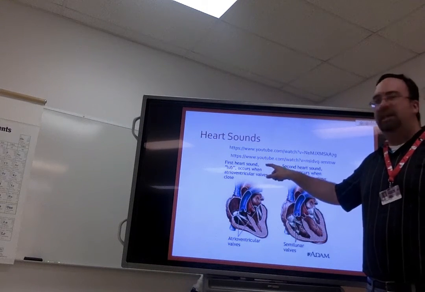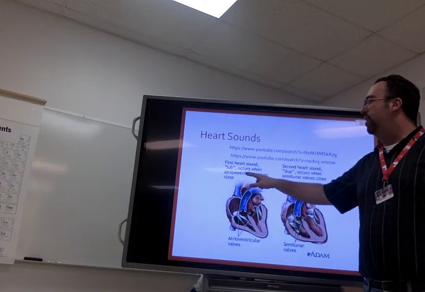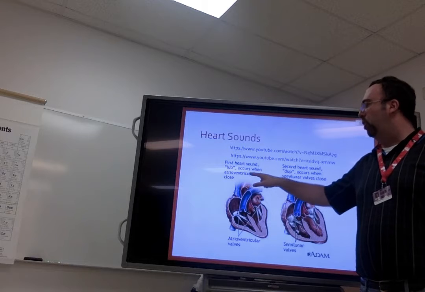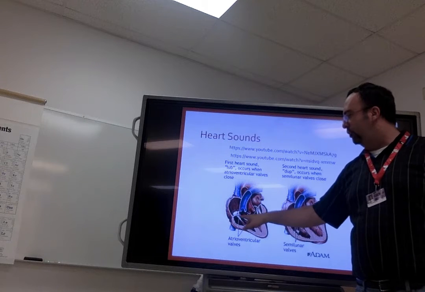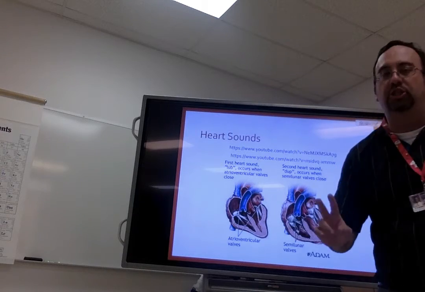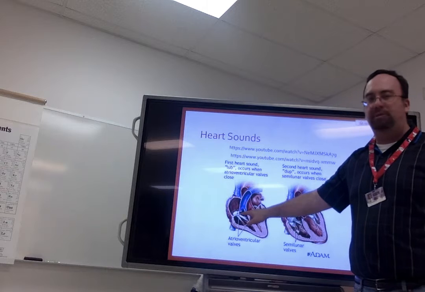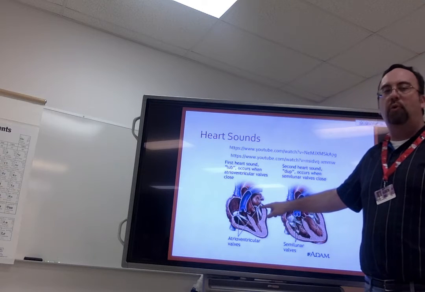The first heart sound you hear, the lub part, occurs when the atrioventricular valves close. The atrioventricular valves are the two valves that separate the atria from the ventricles. That, of course, would be the tricuspid valve and the mitral or bicuspid valve.